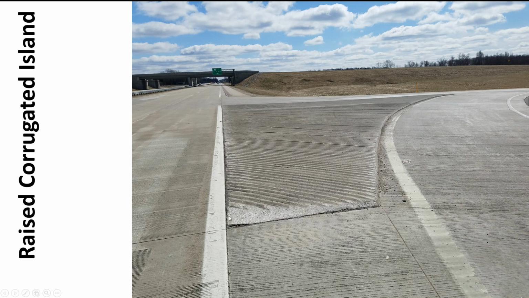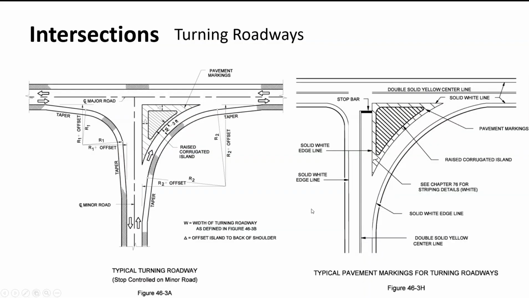So it's a 6-inch island. This would be a hazard if they built that right up to the edge. A raised corrugated island, yeah, it's just going to rumble. It's like a rumble strip like these up here. You'll feel it. But even by their own standards, for their raised corrugated island, they should have used that offset, and they did not.